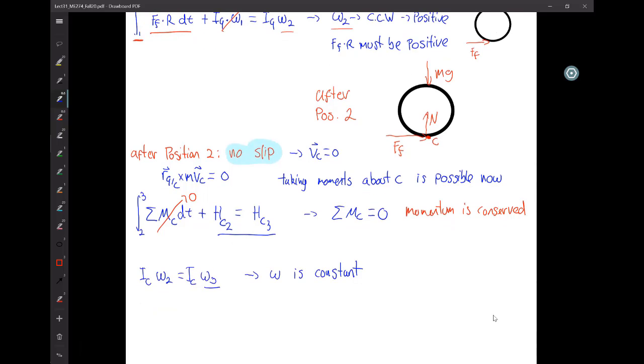You remember what happens when we have no slip condition and the work from friction? It's 0, right? So if that work is 0, then it makes sense that the angular speed is constant, right? Otherwise, it would be decelerated by friction.